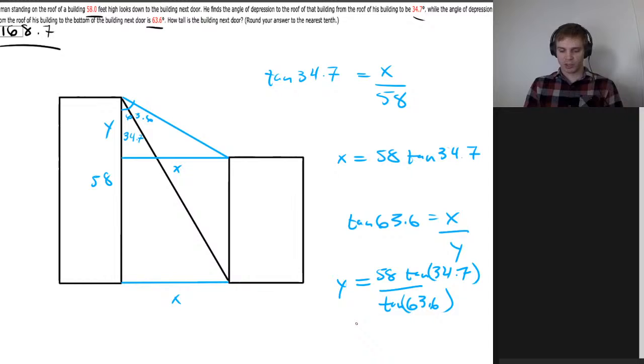So tangent 7... divided by... so 19.9 something.